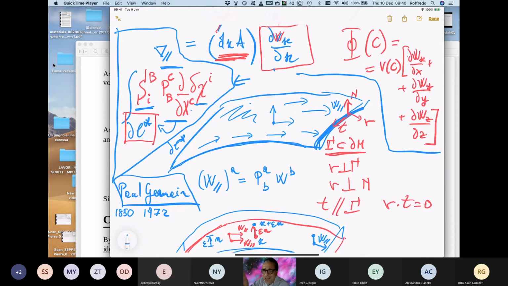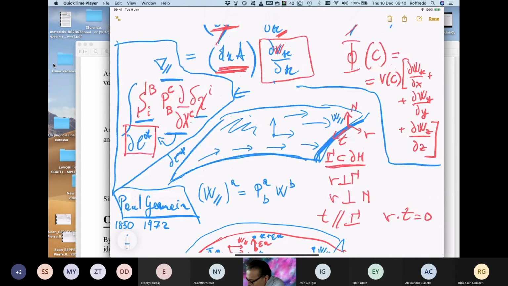Okay, now we have rested 5 minutes. Let's proceed. We will not end this argument today, but let us proceed a little bit. So now what do we have? We have a tangent vector field to a surface.